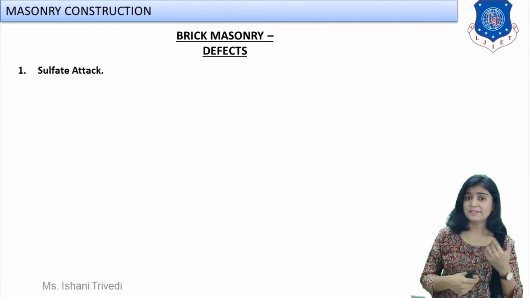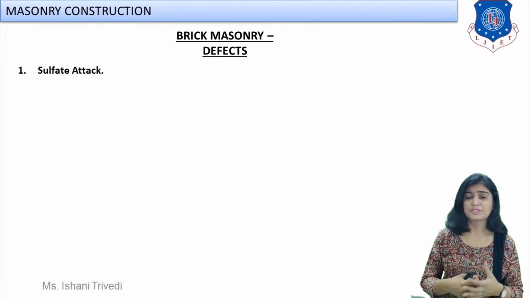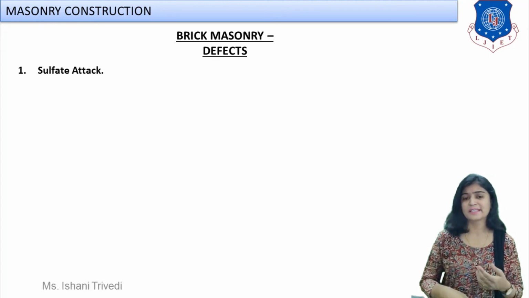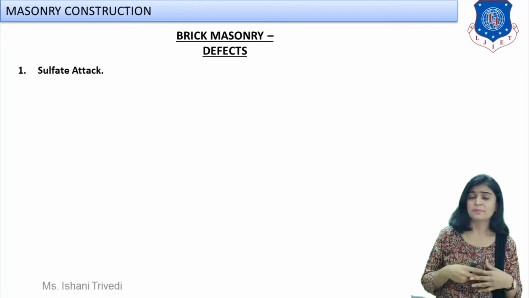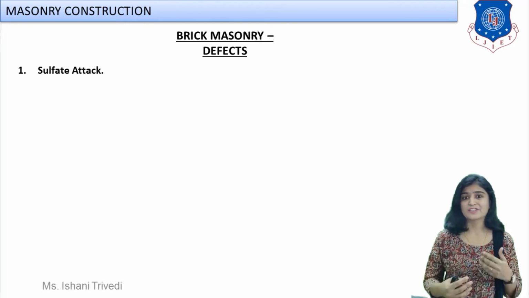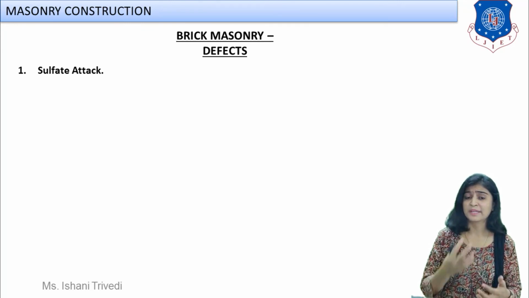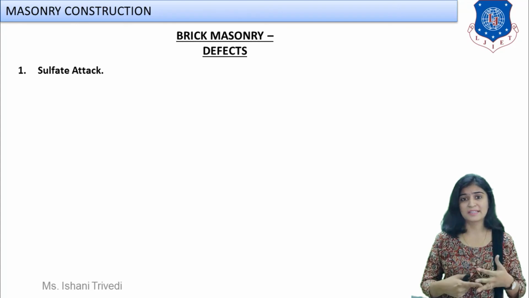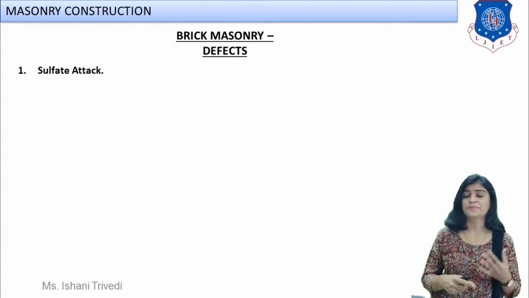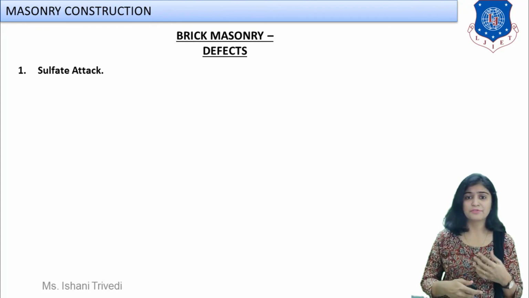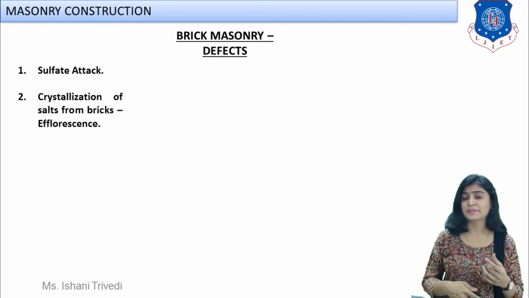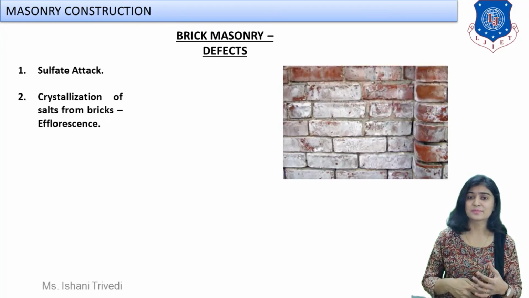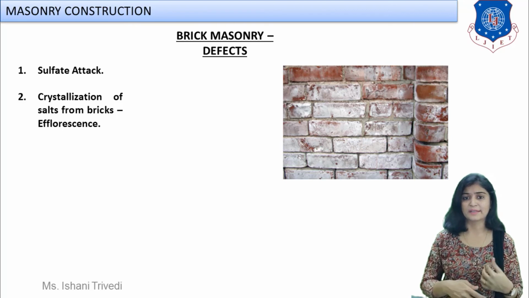Whenever it comes in contact with water which has sulfates, like brackish water, sea water generally contains sulfate, it is going to combine with calcium and form calcium sulfate, and this material has the property of expansion. If it expands, it will cause disturbance, undesirable damage and cracks. This type of defect, observed in the form of expansion due to calcium sulfate, is your sulfate attack.